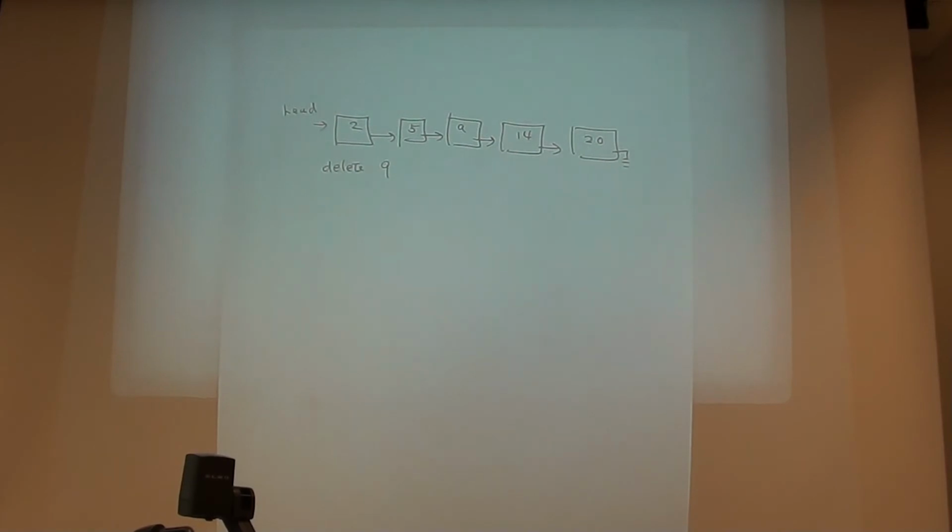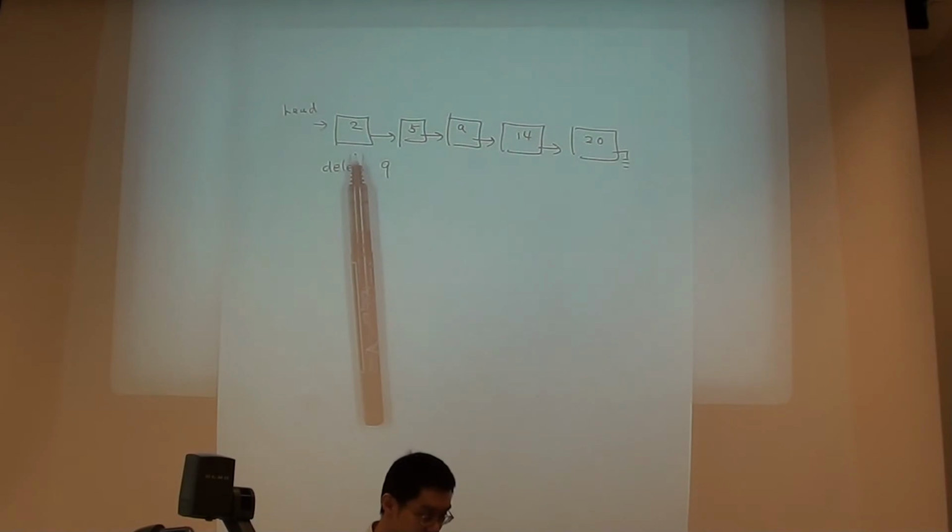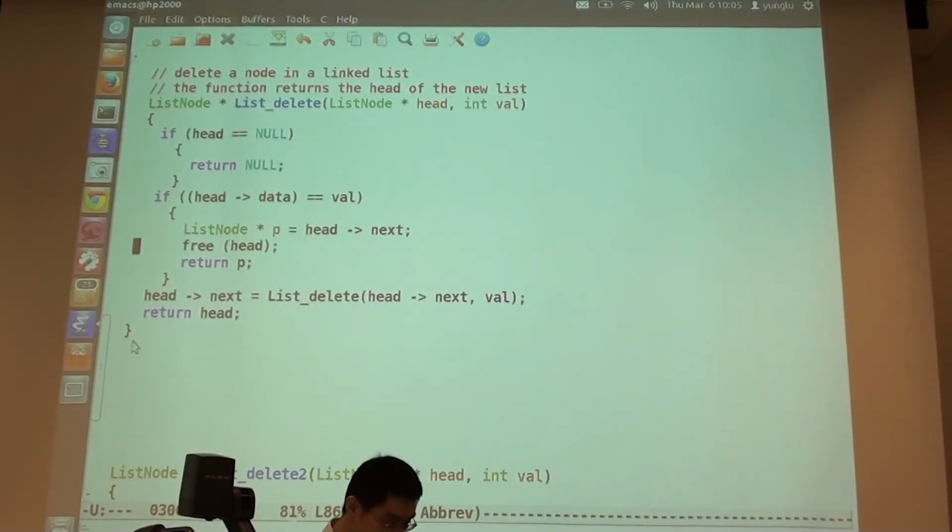Therefore, I don't go into the first if condition. I start with 2, right? The second if condition is not true either because it starts with 2 and I want to delete 9. So the second if condition is not true. Therefore, it goes to this line here.